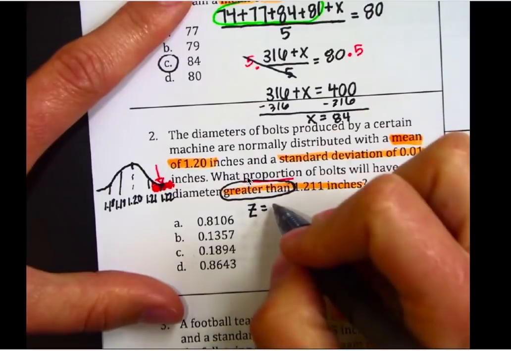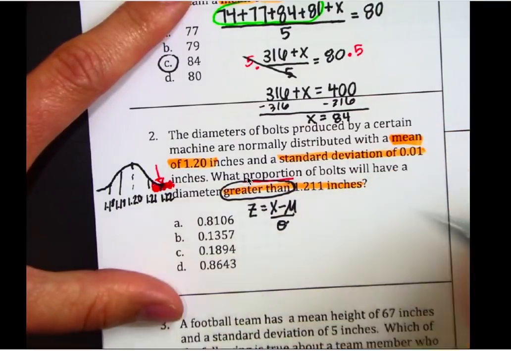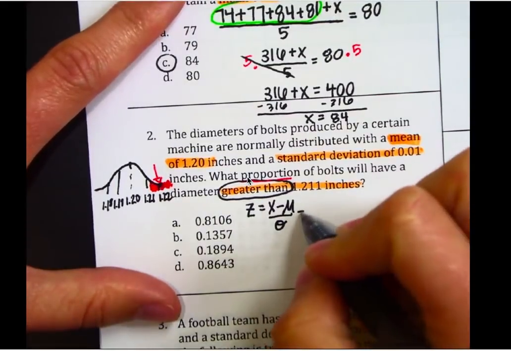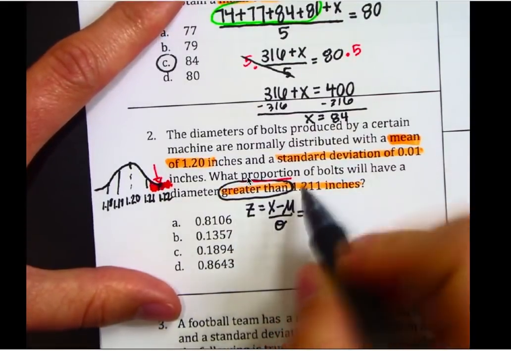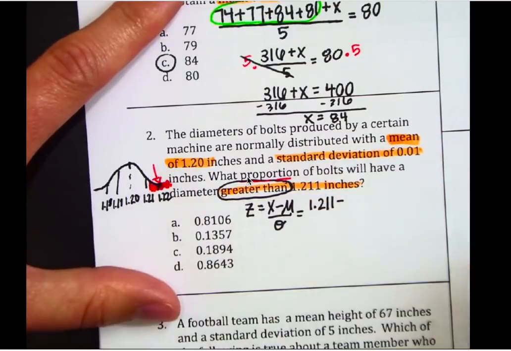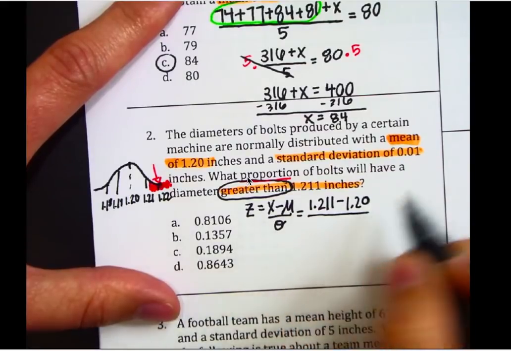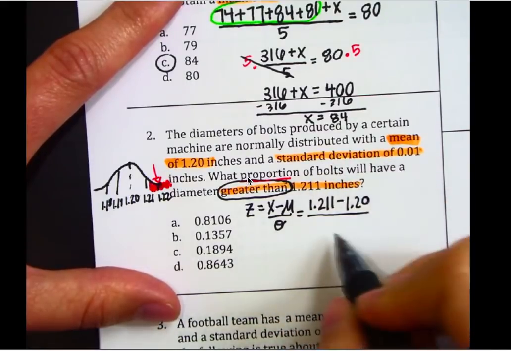So z is equal to the value minus the mean, divided by the standard deviation. The value that we are looking at is 1.211. The mean, very clearly stated, is 1.20, and the standard deviation, clearly stated, is 0.01.